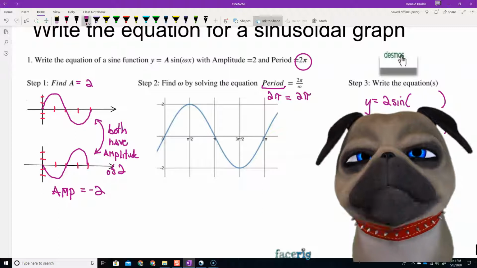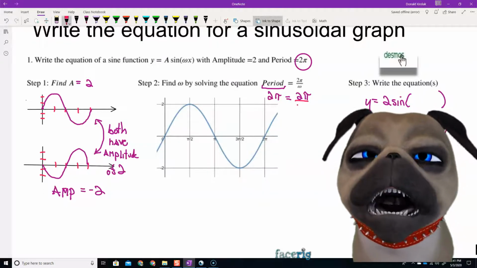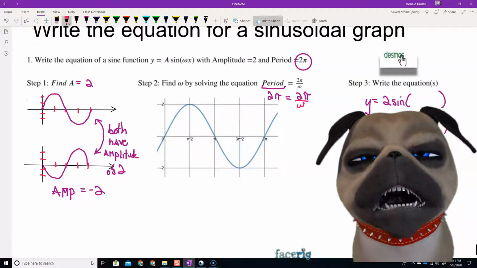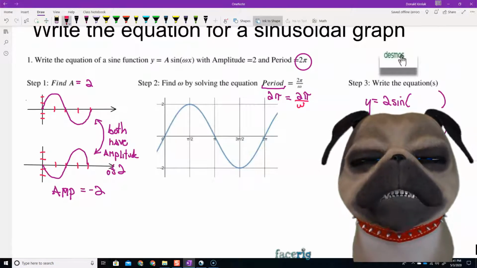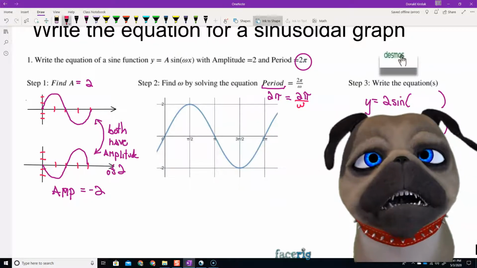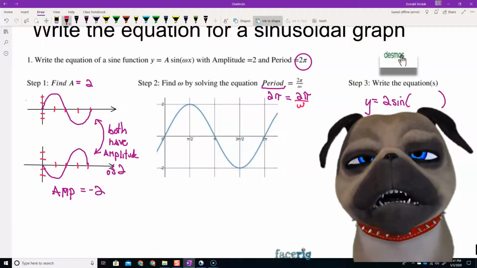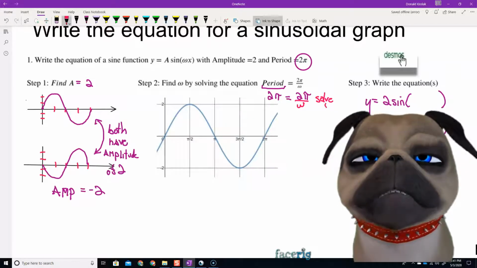And then I'm going to solve this for omega, this is the Greek letter omega. Last week we used B. I just wanted to show you different letters because I think on MyMathLab they use omega, which looks like a W. All right, now what I'm going to do is solve this for omega.